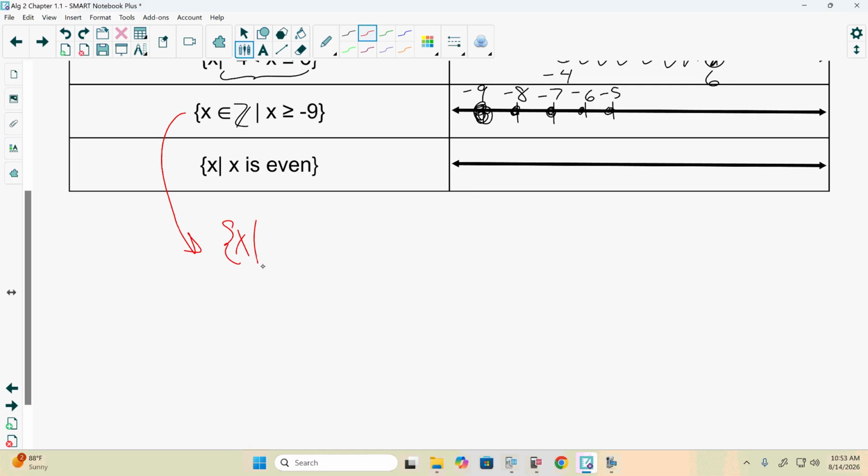Especially for this one here, because the book would have us do brace X bar, and there's nothing wrong with this. I don't disagree with this. We want to say X is an element of the integers. X is an integer, and X is greater than or equal to negative 9. That is saying the exact same thing. Those are the exact same statements. I don't like that one as much because that's a lot more writing. We're having to actually write the whole thing out.